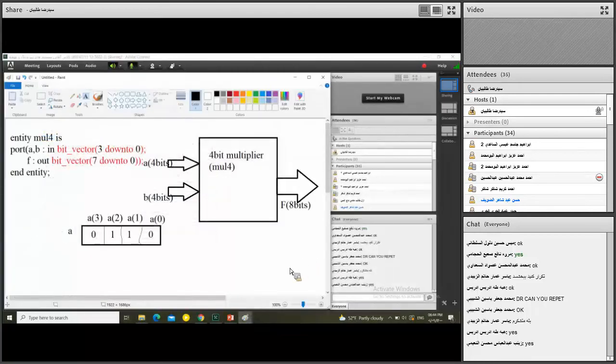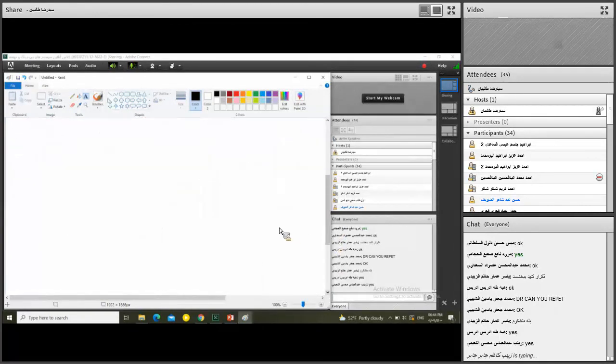Now I want to speak about a special thing. For this, let me consider another example here, and this example is very simple. We want to consider a system like this.